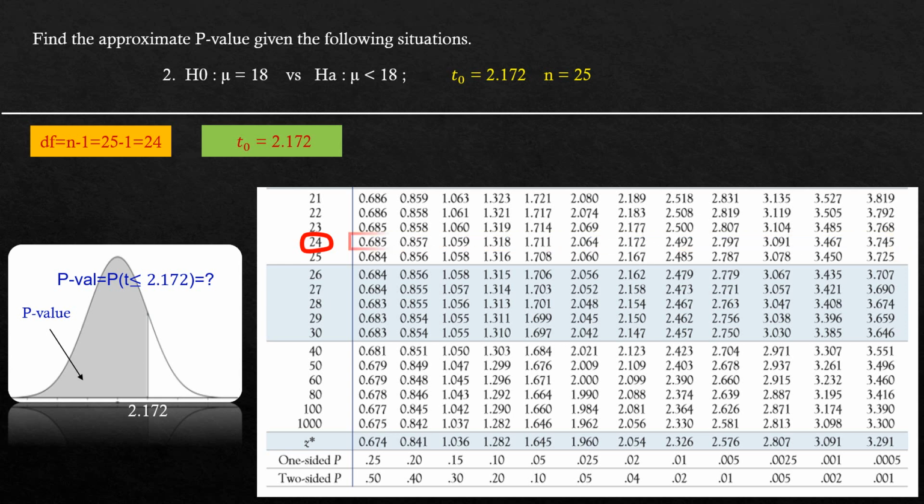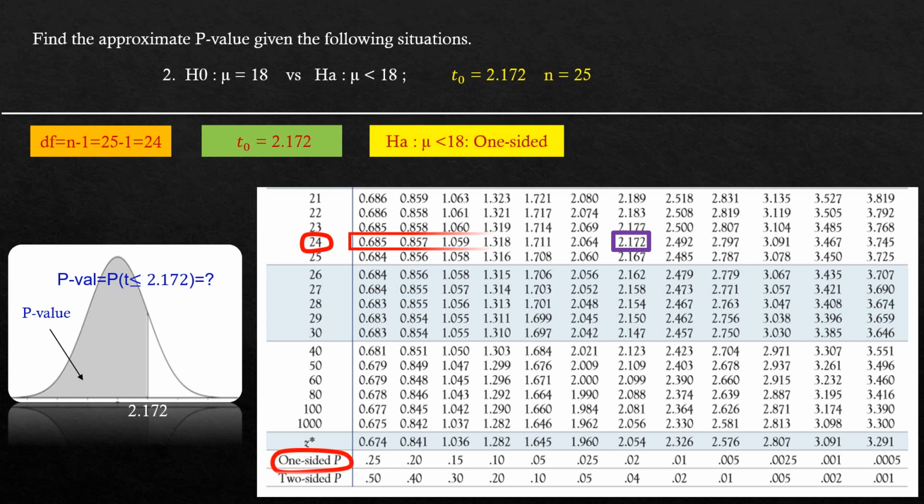Do we have 2.172? Yes, we do. Now again go back to the alternative hypothesis to check whether it is one-sided or two-sided. Therefore go to the one-sided p-value and consider the point at the intersection. It is 0.02. Therefore the p-value for this problem is 0.02.